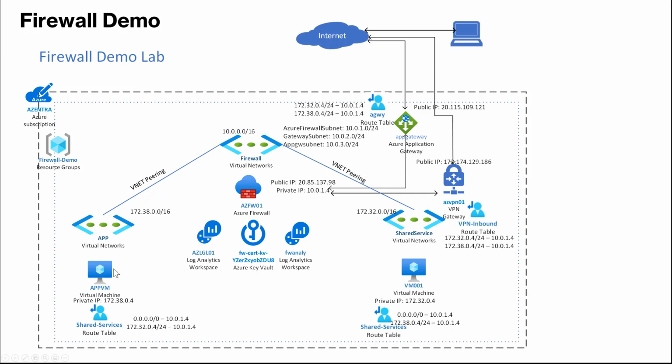For the app subnet, I have a route table, and there are only two routes. One route is for internet traffic, all outbound traffic that goes to the firewall internet interface, which is 10.0.1.4, right? So all internet egress traffic, I'm forcing it to go through my firewall, which is deployed in the firewall subnet here, right? This is my Azure Firewall, okay?